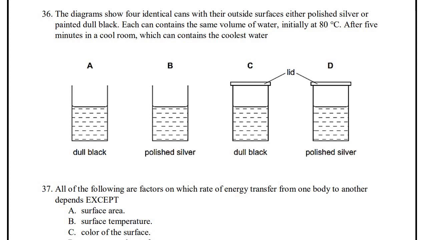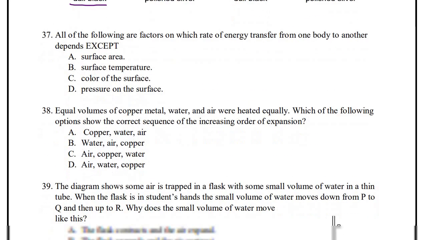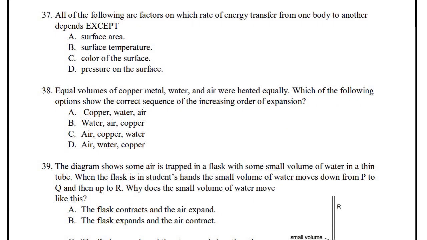And these two cans, first and second, are open lid, and the dull black surface helps the heat to emit from the skin. So after 5 minutes, the coolest water will be in can A. So option A is the right answer.